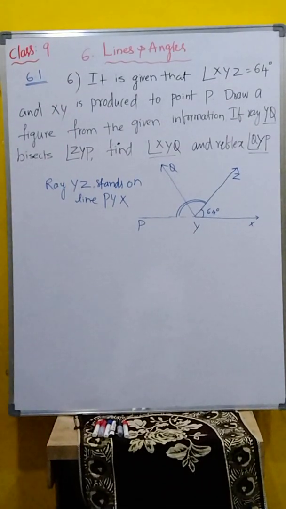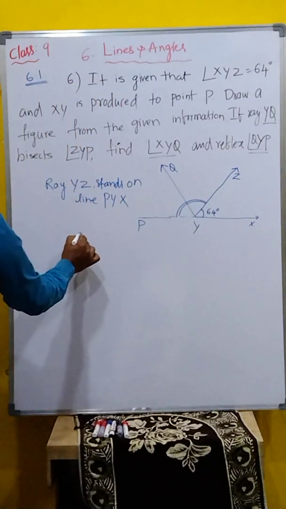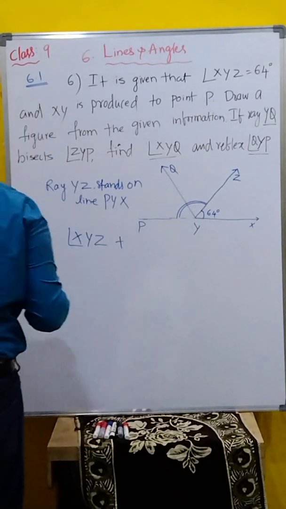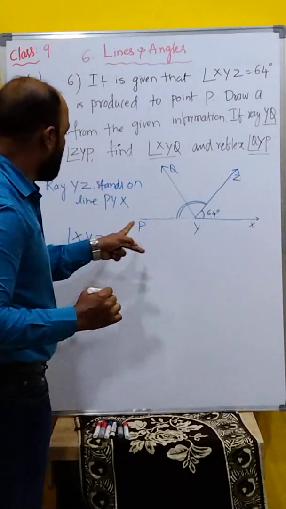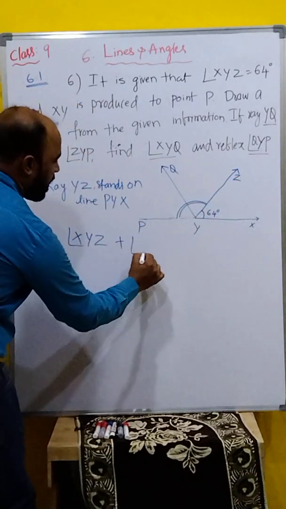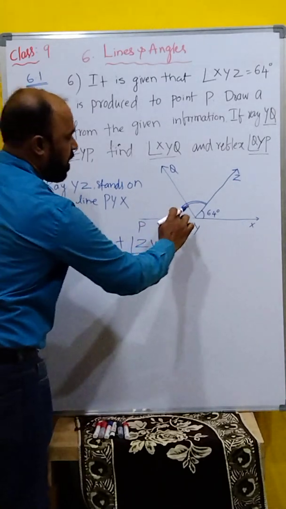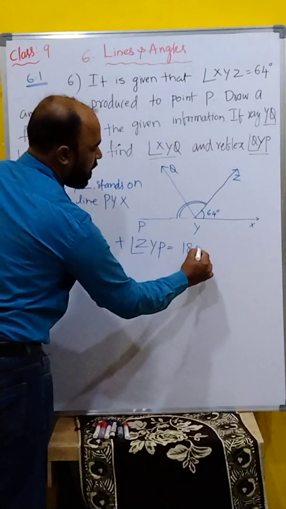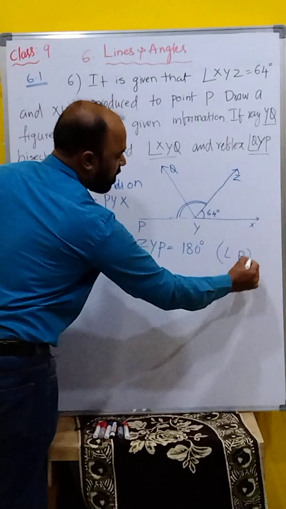Observe: angle XYZ plus angle ZYP is equal to 180 degrees. I am selecting it like a linear pair, you know. What is this? Linear pair. Clear, children?